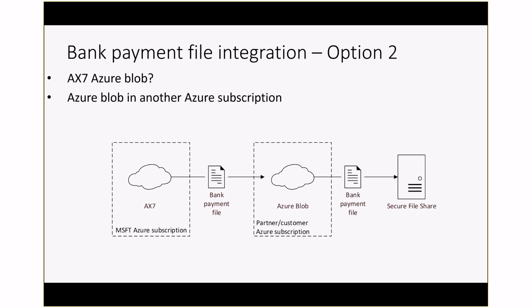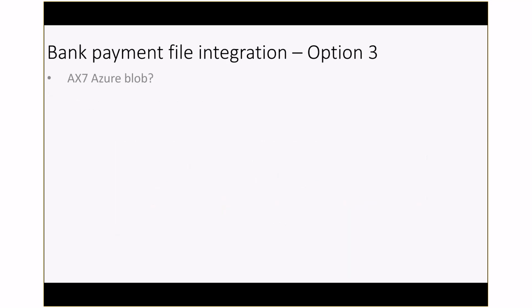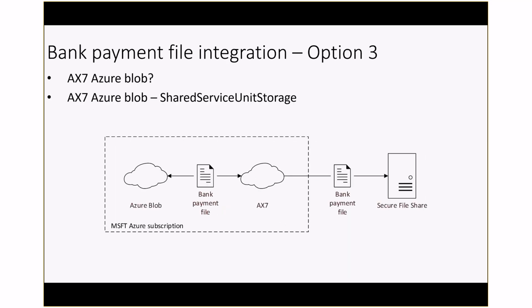You could do this using a blob storage that the customer or the partner brings in, or you can use the blob storage that is already available within Microsoft's subscription. And since this blob storage is within the Microsoft subscription, no one else outside that subscription can have access to it.